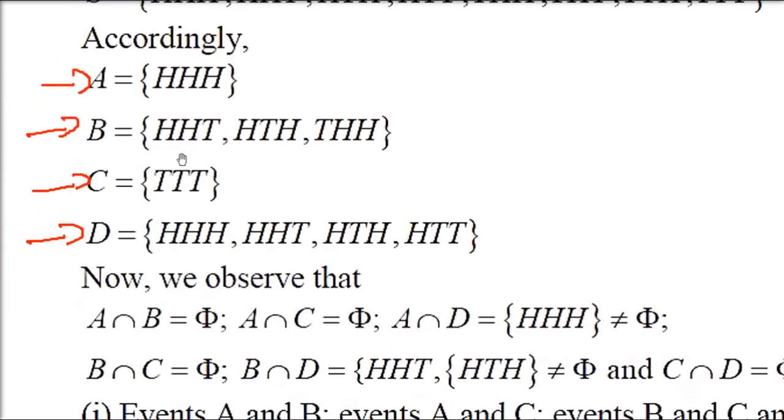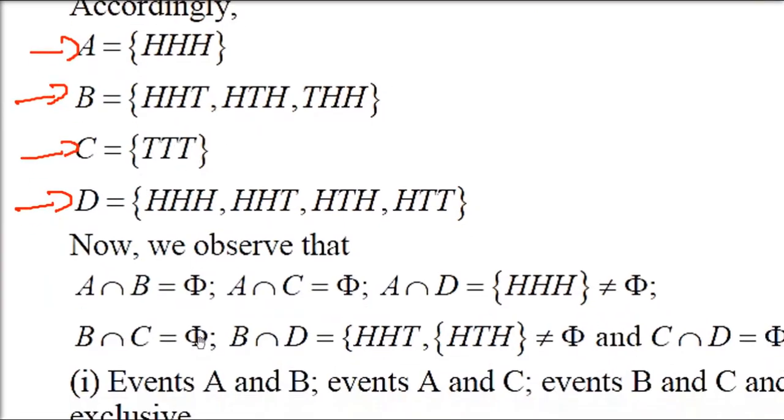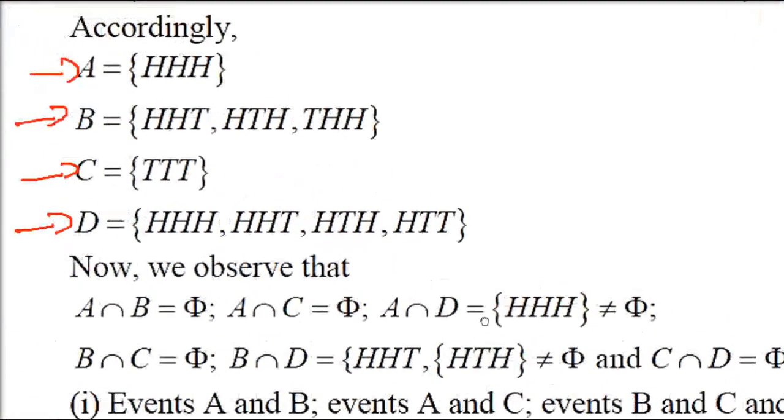Now coming to B and C, nothing is common. So the intersection is phi. Now B and D. We have a commonality, HHT and HTH. So B and D is giving certain values, that is, it is not equal to phi.